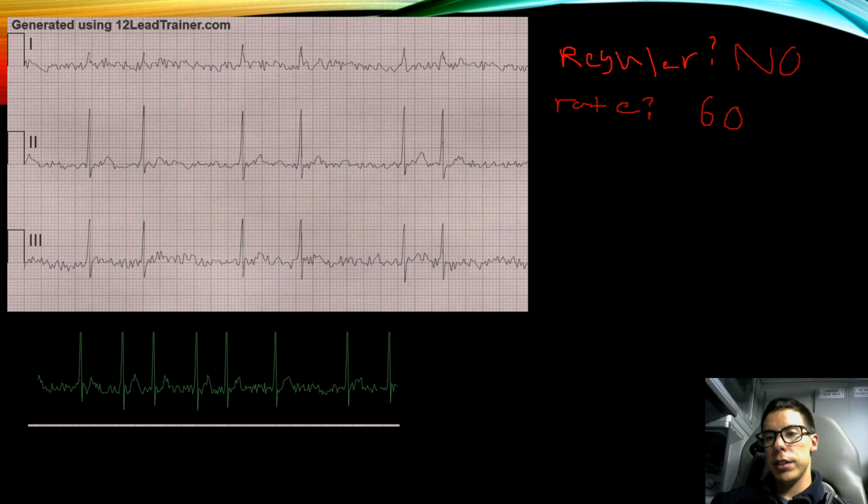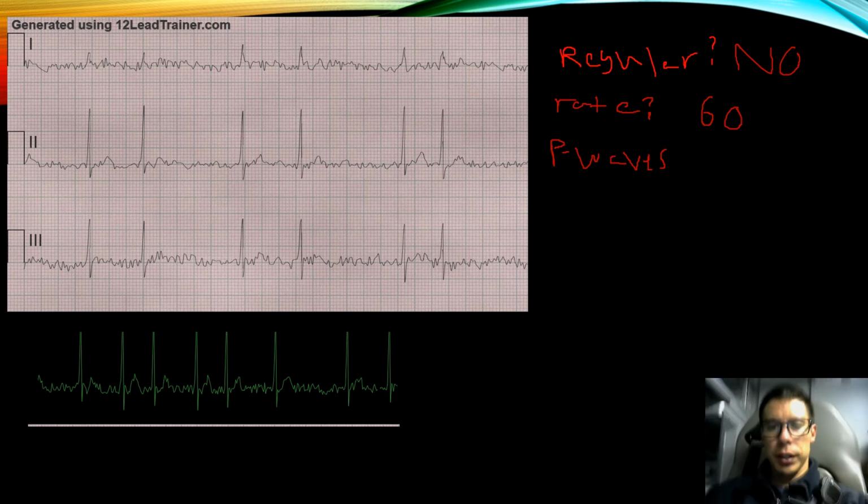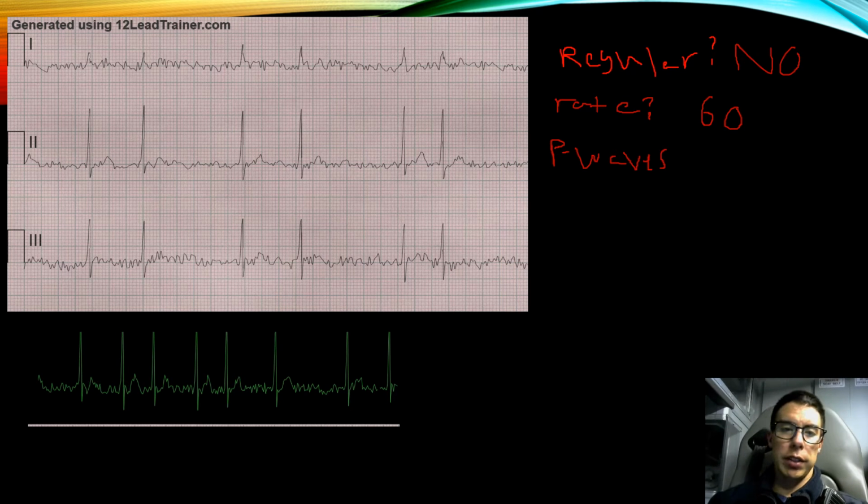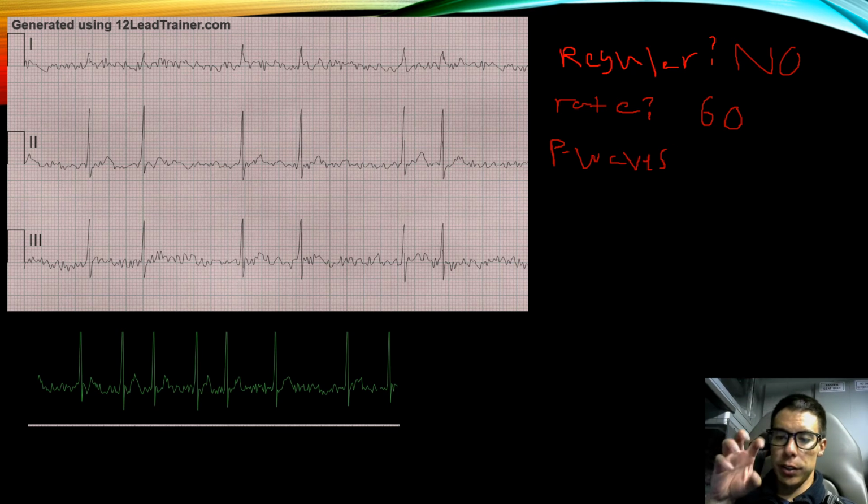And then our next step would be P waves. So one thing with this, do we have P waves? It might look like it, and a lot of people probably think, oh, it's just a lot of P waves, but not really. Because again, it's that irregular firing that's just quivering, so what it's picking up is this quivering.